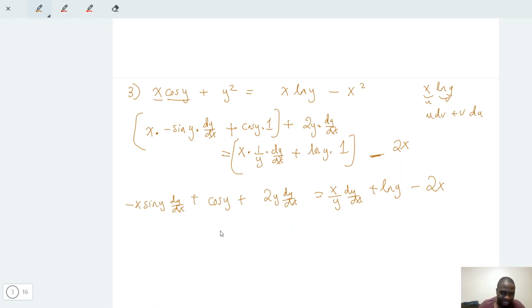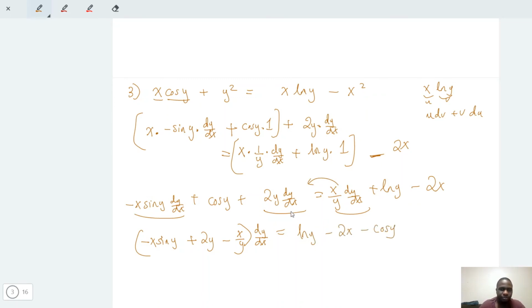So the dy/dx's are to the left. So I have minus x sine y, okay, plus 2y minus x over y. I open a parenthesis, have dy/dx. So this here, and when I bring this over, it becomes a minus. Then on the right-hand side, I have ln y minus 2x minus what? Cosine y. ln y minus 2x minus cosine y.